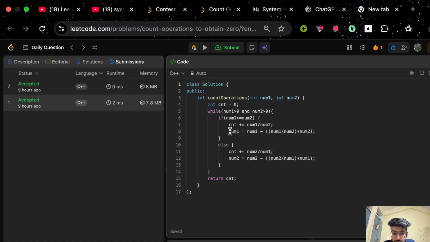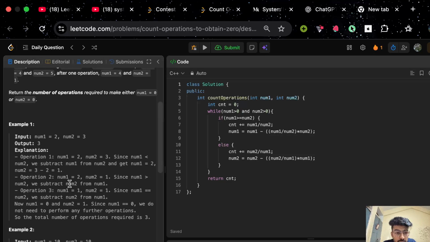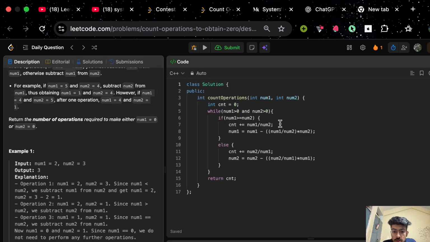Inside it, if my num1 is greater than num2, I'm increasing my count by num1 divided by num2. Let's understand it with this example. Suppose num1 is 2. If my num1 is greater than num2, I am doing this. In this case, let's take this test case.